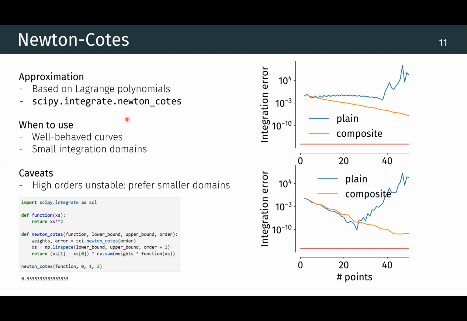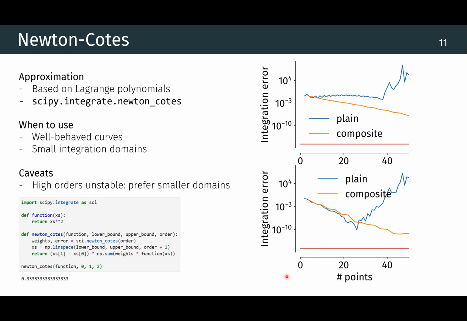Now, if you look at the plots at the right, I would like to explain them a little bit because they're going to appear for each and every integration scheme. On the x-axis, we have the number of points. That's at how many points we are evaluating our function. So we would expect that as we add more points, things become more accurate.